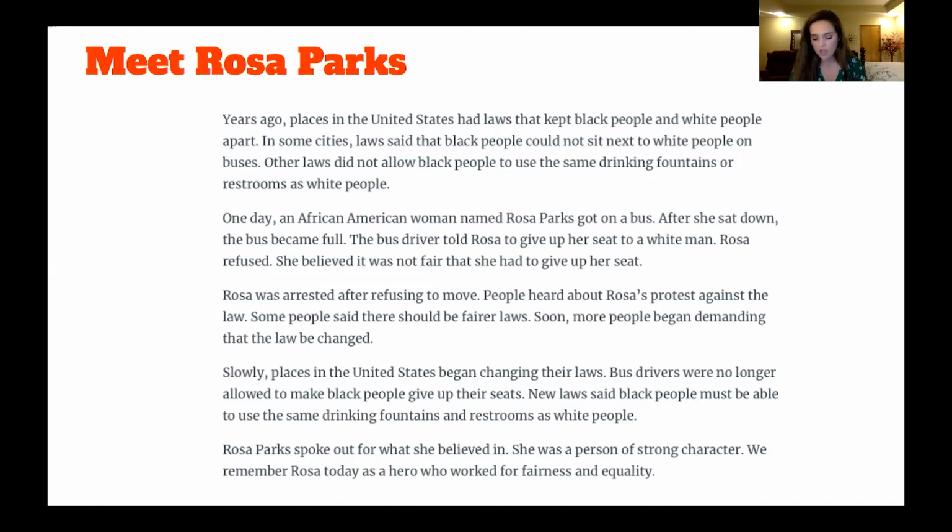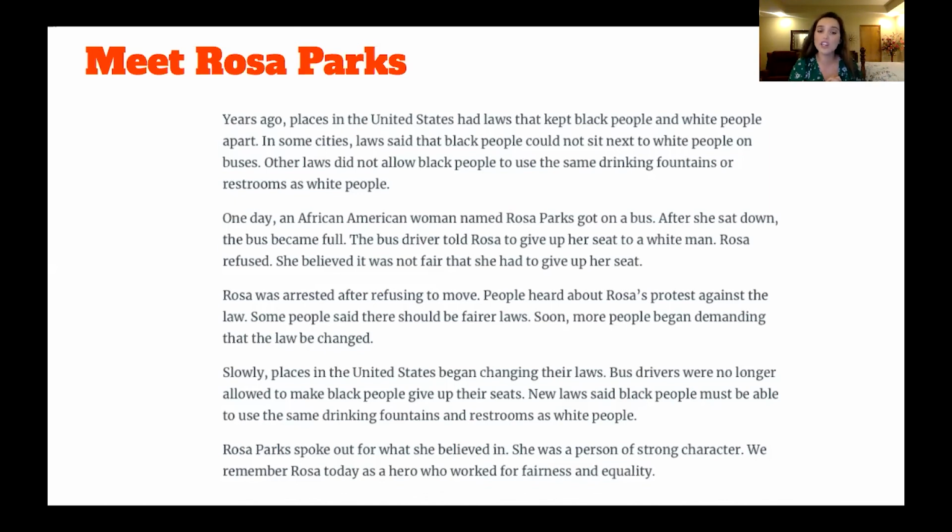Awesome. Okay, so I just talked about how the United States changed their laws, and they allowed them to use the same water fountains and restrooms and keep their seats on buses. But if you just want to say United States changed their laws, that is great, because that is the main idea of this paragraph.